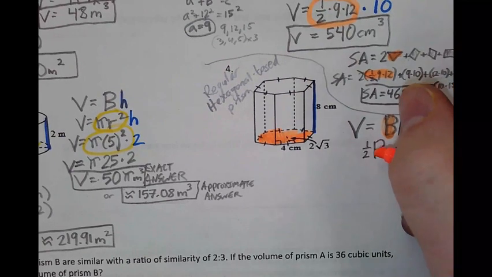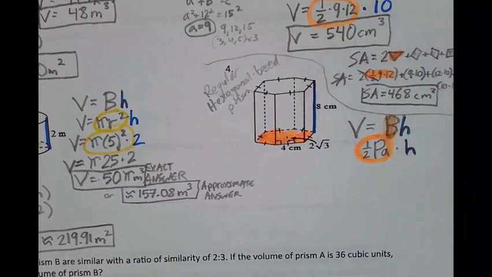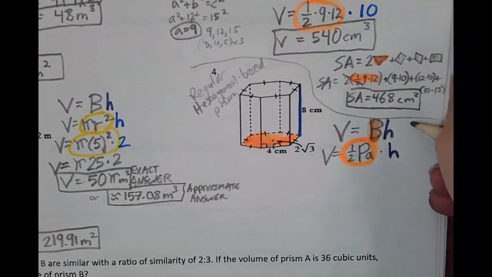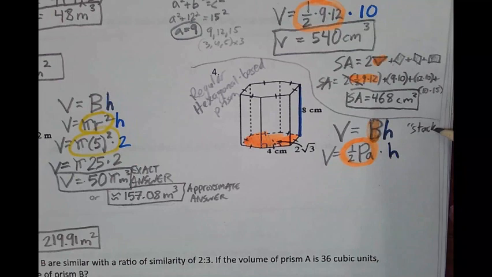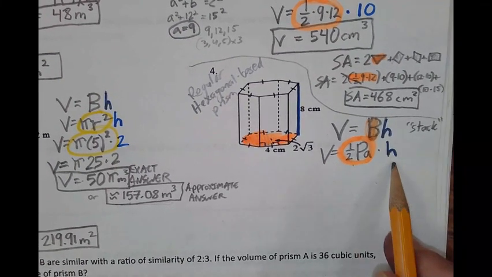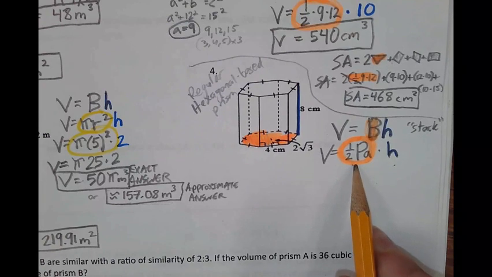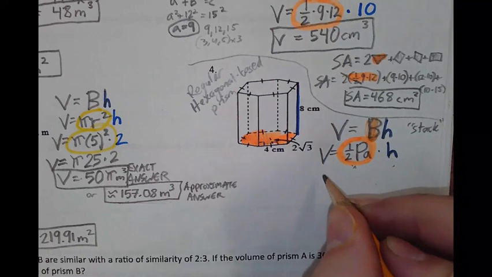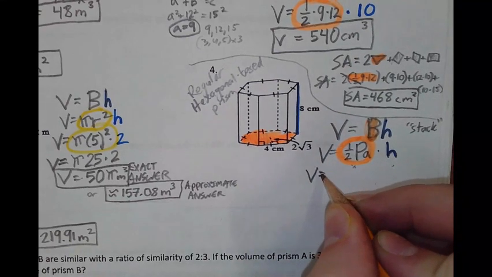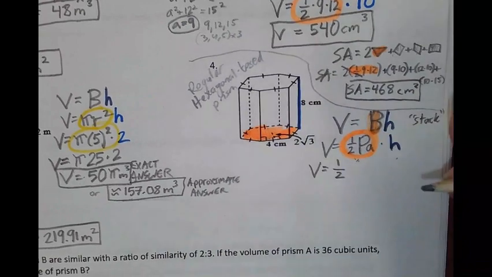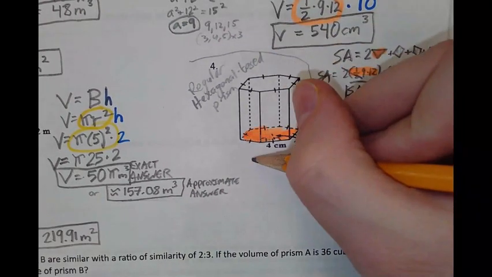So check it out. It's kind of a strange formula for volume, but as long as we use the basic formula for stacks, we can figure out the volume. Area of the base times the height. So if you don't know the area of the base shape, you can't really find the volume. But let's calculate it since we do know how to do this.